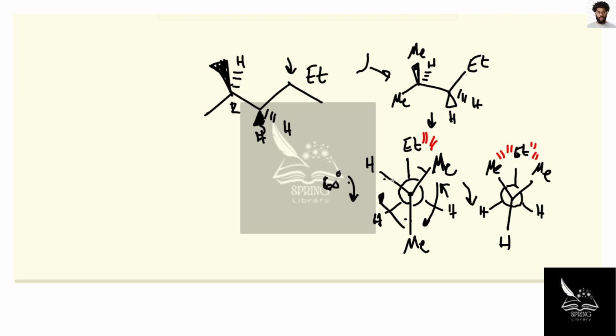This will move up there, and this will move up there. This would provide us with a hydrogen here, a methyl here, a methyl here. And in the back, we would still have our ethyl pointing up and our hydrogens. All right, so we still have this interaction between a methyl and ethyl. It's just on the other side now.